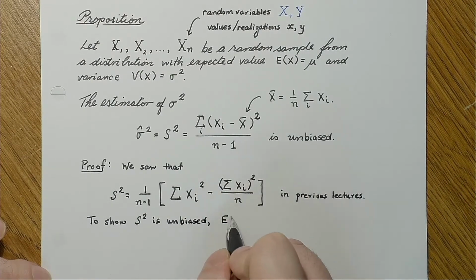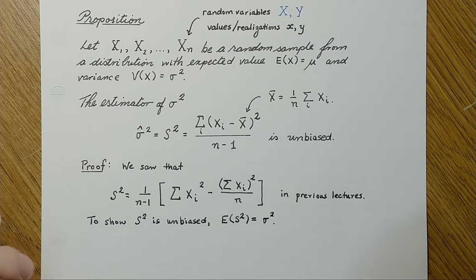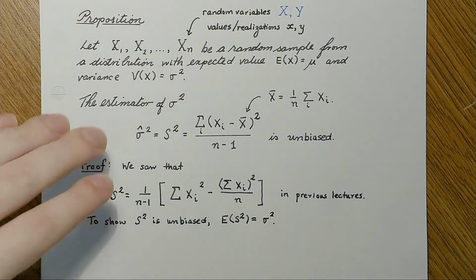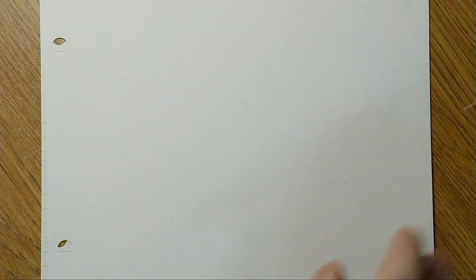The expected value must equal sigma squared. Okay, so I'll just start on another page here.